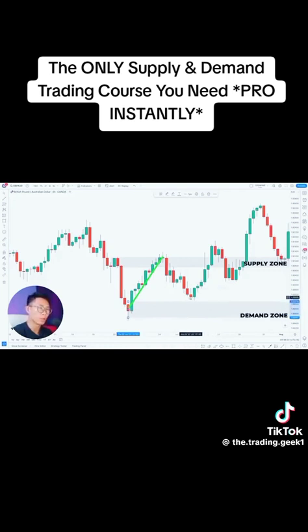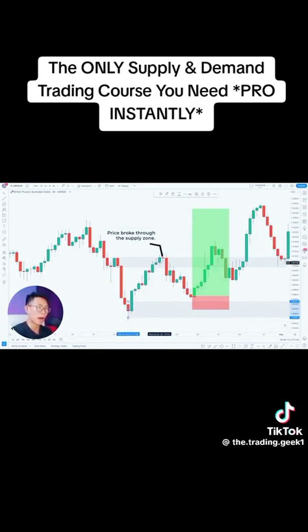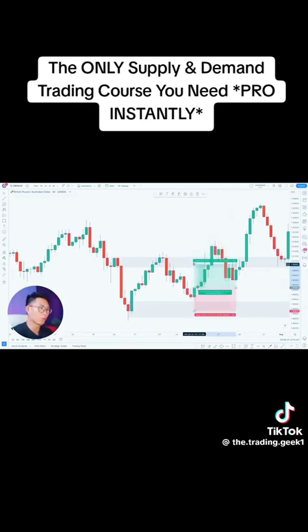Of course you can, because price has already broken past this supply zone right here. So ideally, you want to buy the demand zones that have already taken out the supply zones. This is when you can enter for a buy somewhere right around here, take profit somewhere right around here, or even at the next demand zone, or you can even place it all the way up at the next key level somewhere right around here.